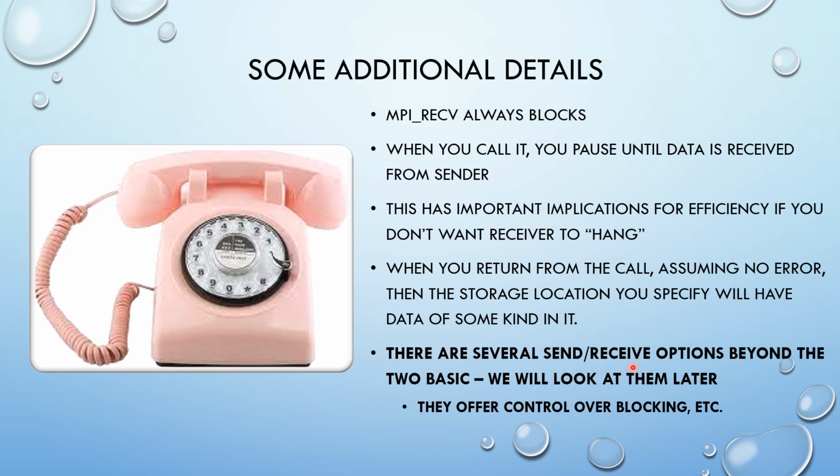We'll see more references to these in week 6 when we do an example at that time using the traveling salesperson problem. I think if I remember right, there are 4 different kinds of send and receive options that block or don't block, and send with a buffer. We can force some of this to take place by specifying the kind of send and receive we're going to do. And so there is a way for us to control this a little more deeply. At this point, we're just going to use the standard receive and the standard send.